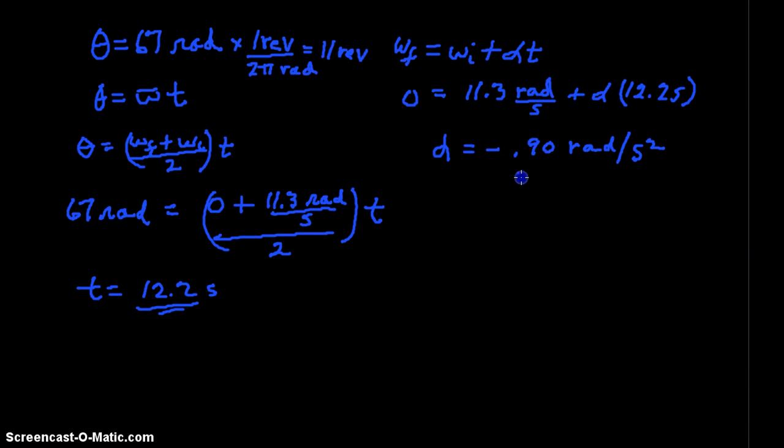And then the same conversion factor here, 1 revolution per 2 pi radians. So you get alpha, again, would be about negative 0.14 revolutions per second squared.